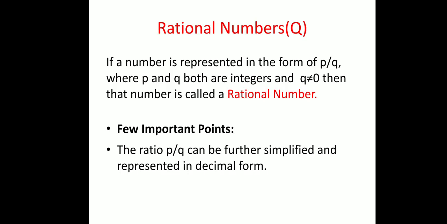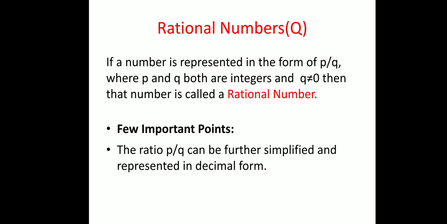First, P and Q, that is numerator and denominator, both should be integers. And second, which is also very important, Q should not be equal to 0. If both conditions are satisfied, then we can very easily say that this number is a rational number.